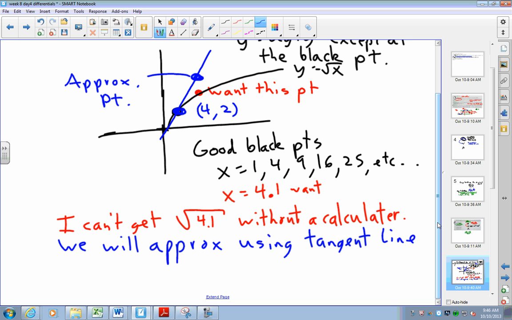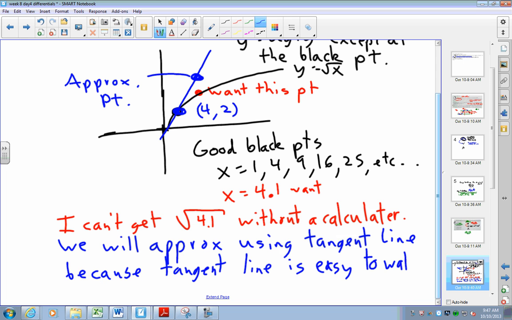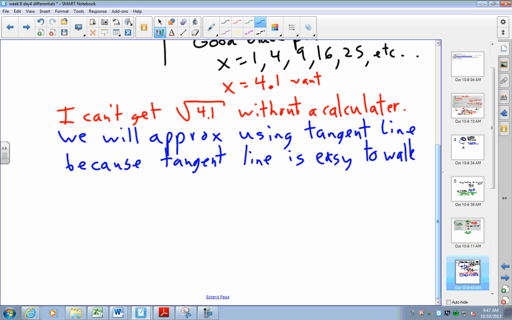So it's ugly to walk on the square root guy, but the tangent line is easy to walk on everywhere.